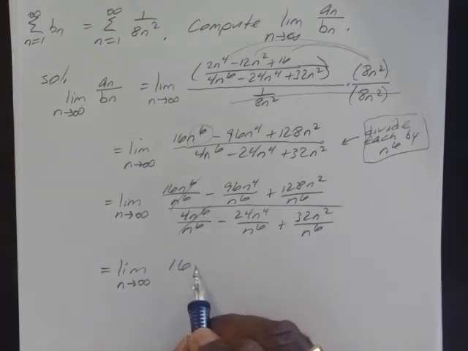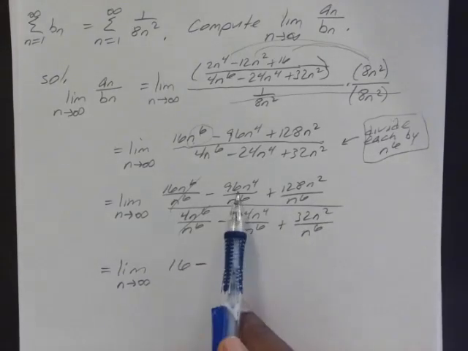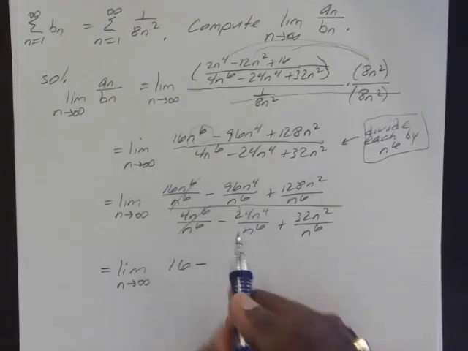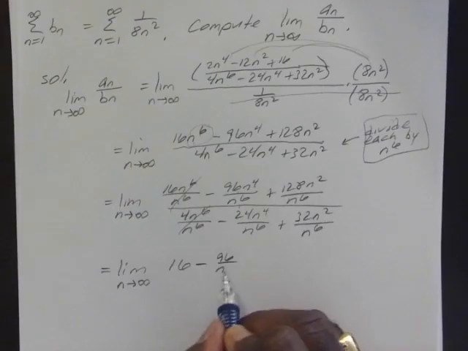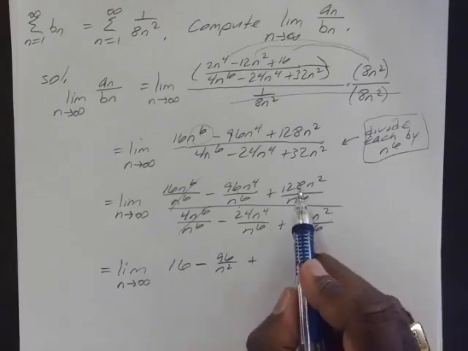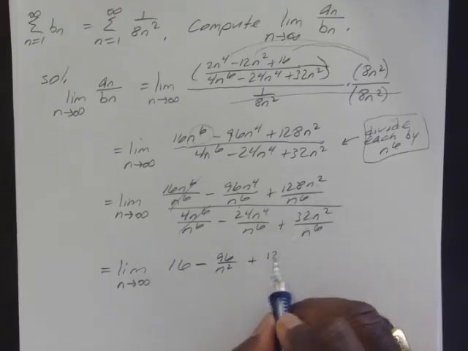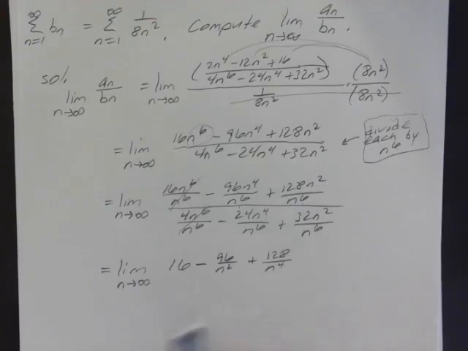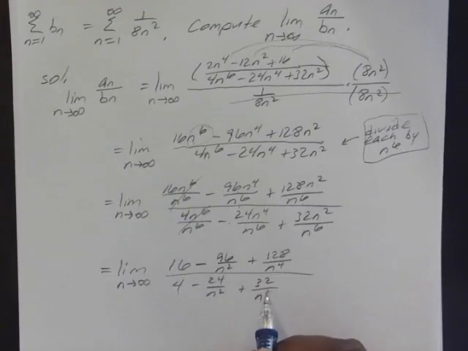So we have 16 minus 96 divided by n squared, plus 128 divided by n to the fourth power, and all of that divided by 4 minus 24 divided by n squared plus 32 divided by n to the fourth power.